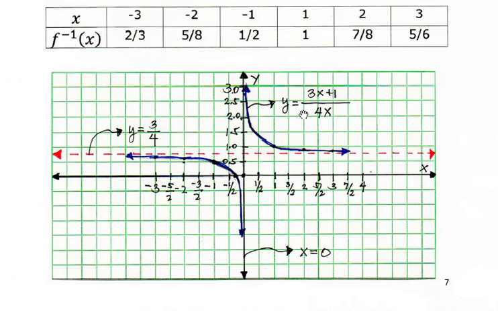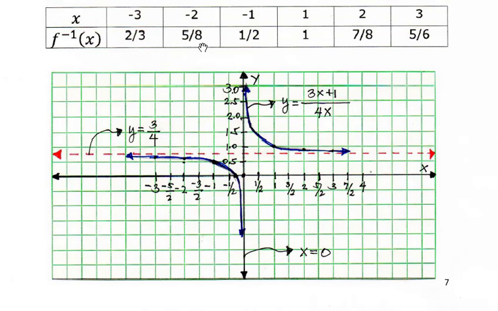Okay, so moving on, this is the given inverse function. So I name it y equals (3x plus 1) all over 4x. Now let's plug in the values. Let's try to verify for the sake of discussion. Negative 3 for x, so we have 2/3. So negative 3 is here, and 2/3 is 0.6666, so 0.67, so we have it here.